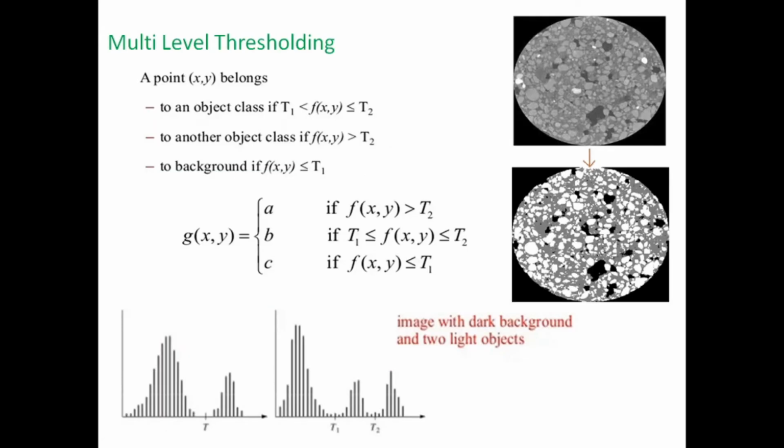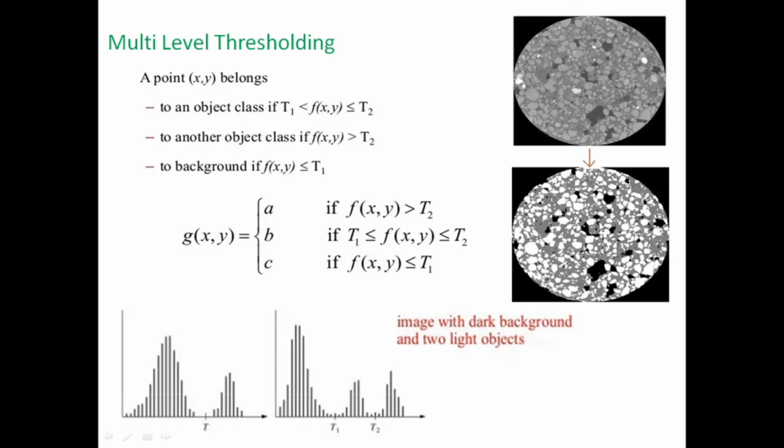Apart from the single threshold, we have a concept called multi-level thresholding. Multi-level thresholding is a process that segments your gray level image into several distinct regions. As you can see from the input figure to the output figure, the same thing can be observed.